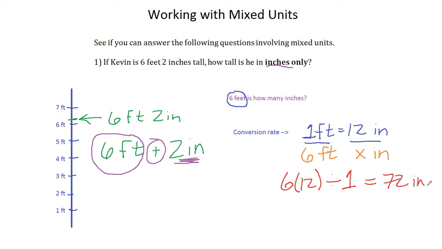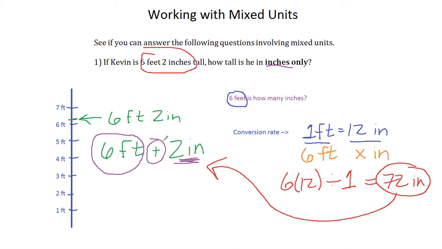72 inches. Okay? I'm going to take that and bring it back over here to where we said, okay, 6 feet 2 inches, that's the number we're given right here. And we're really saying it's 6 feet plus 2 inches. So if you only want inches, I can replace 6 feet with 72 inches, because they're the same. 6 feet is 72 inches.